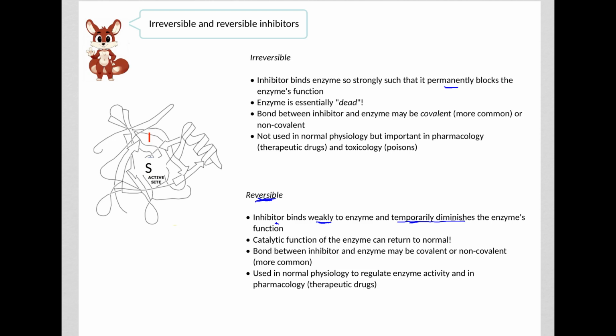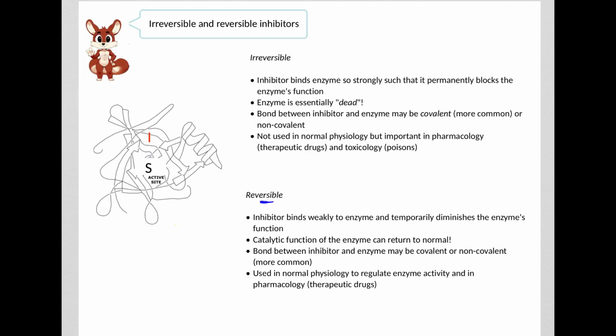Unlike an irreversible inhibitor, the enzyme function can return to normal once the inhibitor concentration decreases. Just like irreversible inhibitors, for reversible inhibition the bond between the inhibitor and the enzyme may be covalent, but most commonly it is the weak forces, it is non-covalent.